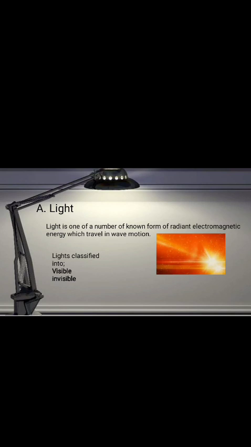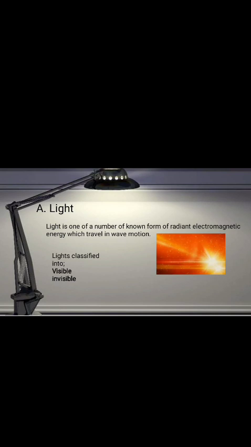Its wave travel is said to be characterized to a certain extent based on velocity, wavelength, and frequency, the number of variations of the wave per second. And light is one of a number of known forms of radiation, electromagnetic energy which travels in wave motion.